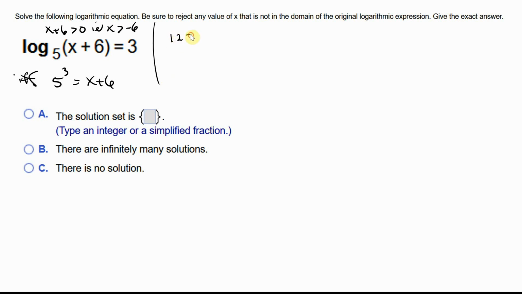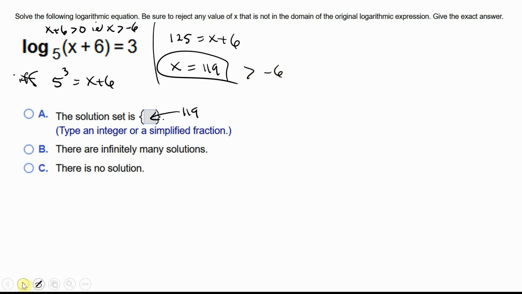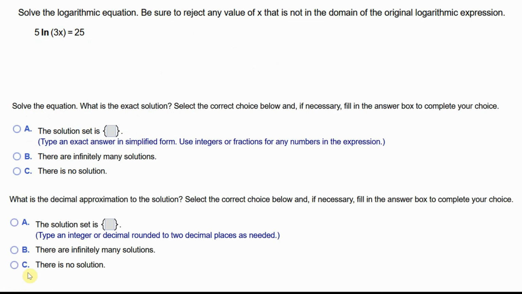So we have 125 is equal to x plus 6. To get x, subtract both sides by 6. From that 125, you get 119. And indeed, 119 is greater than negative 6. So it satisfies that.